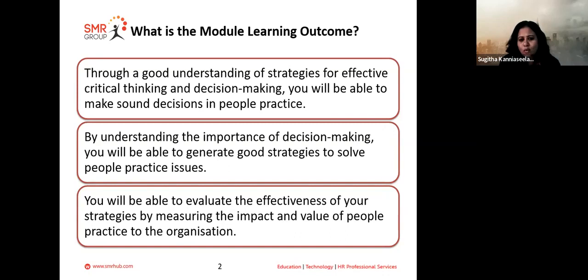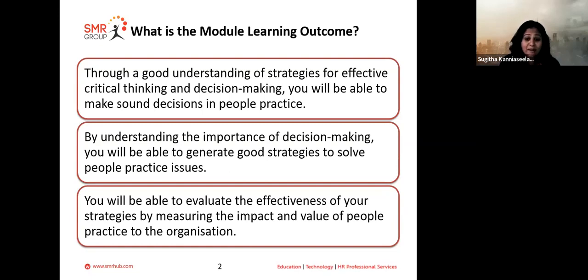So what we want to accomplish at the end of the day through the 3 sessions for this particular module is, number one, by understanding the strategies of effective critical thinking and decision making, you should be able to make very sound decisions in people practice. So this is number one.